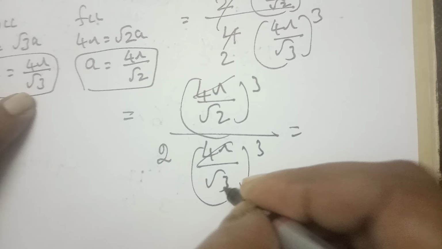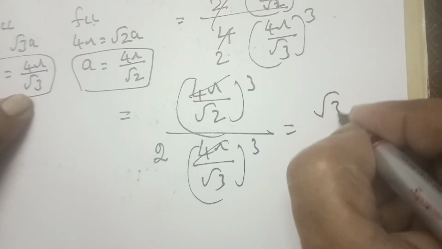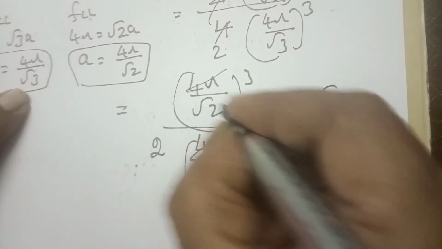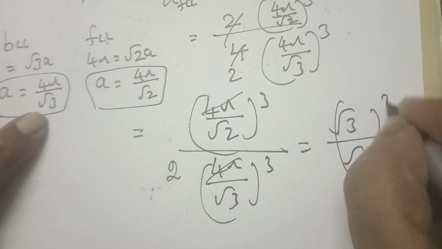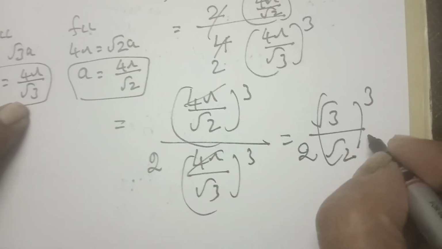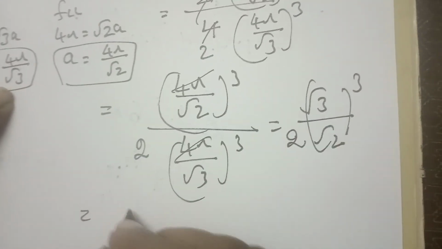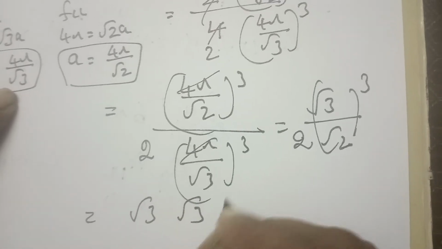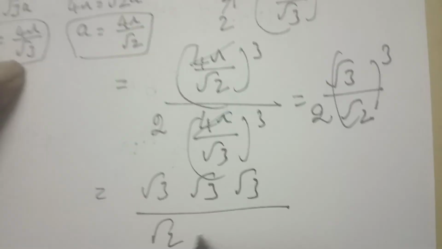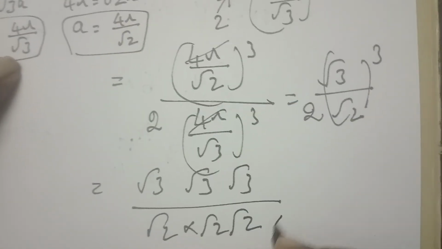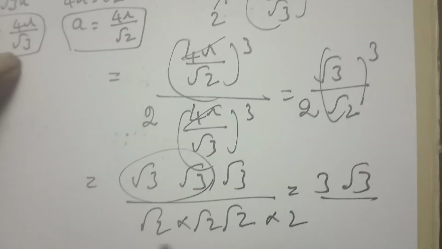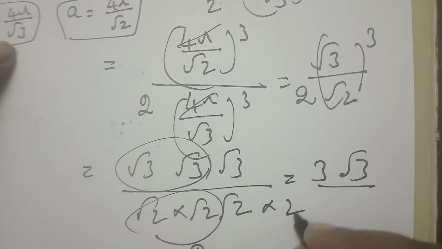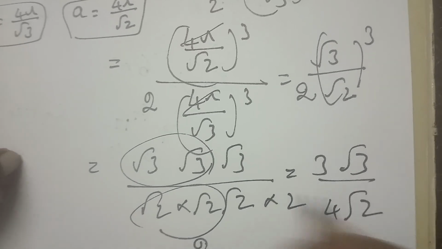The root 3 in the denominator will come as a numerator, and the root 2 will be written here, overall cubed, and 2 is here. It is root 3 into root 3 into root 3 divided by root 2 into root 2 into root 2 into 2. These are 3 root 3. Here it is 2, and 2 twos are 4 root 2. So this is the answer.